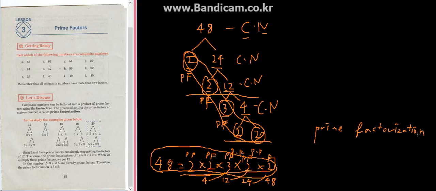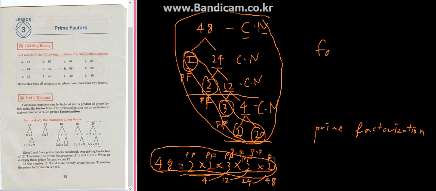The shape of the process of doing prime factorization in this particular way is called a factor tree. In the way of prime factorization, you don't need to do it with the factor tree.